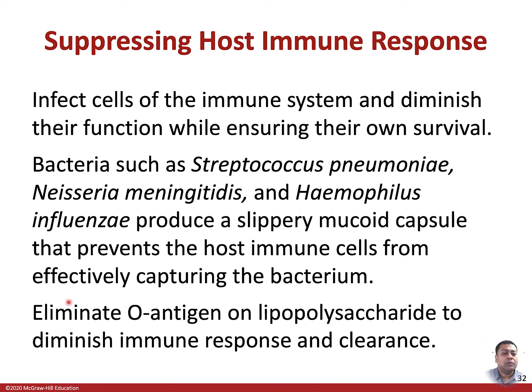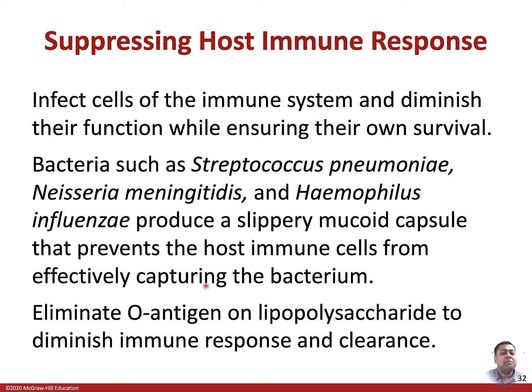So we are going to take a look at these lipopolysaccharides, which are particularly present on gram-negative bacteria, where these O antigens are released to diminish the immune response. You've probably heard about a particular rogue E. coli which causes bloody diarrhea, known as the O157 strain.